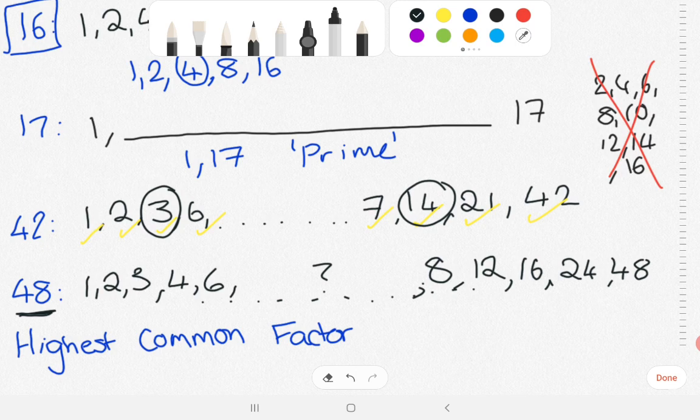What number's between 6 and 8? It's 7. Is 48 in the 7 times table? 7 6s were 42. 7 7s are 49. So that is our final list. The factors of 48 are 1, 2, 3, 4, 6, 8, 12, 16, 24, and 48.